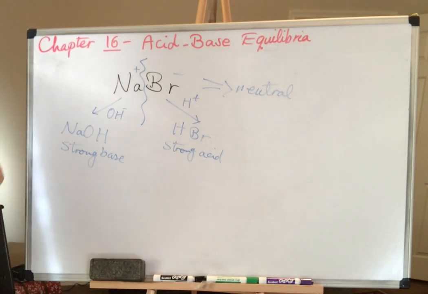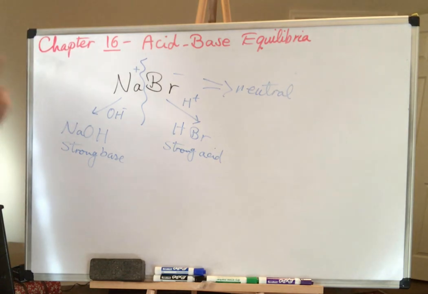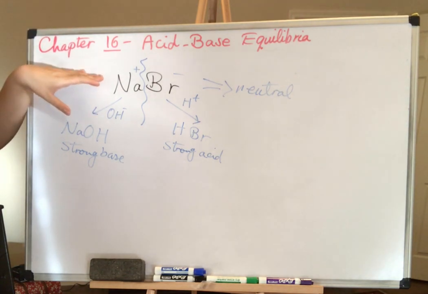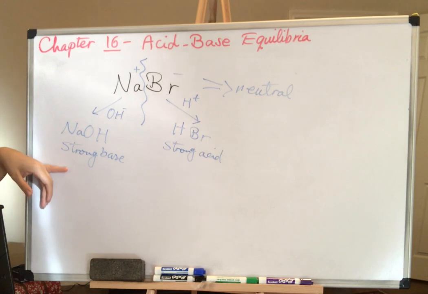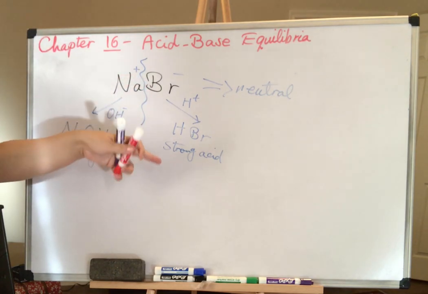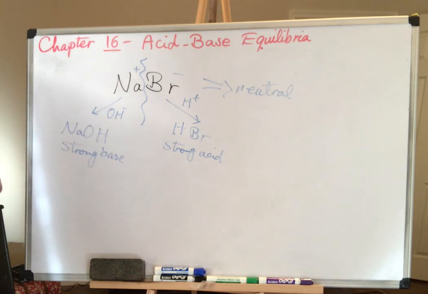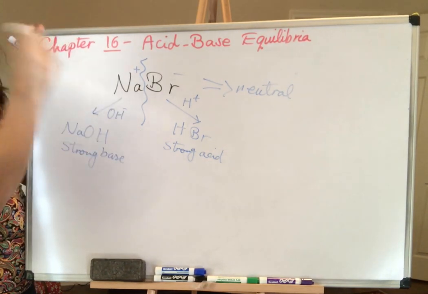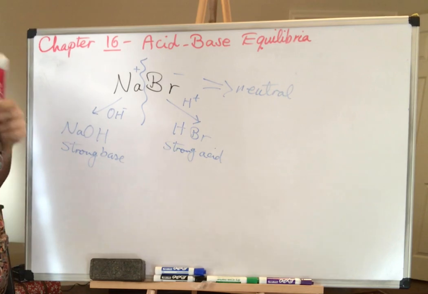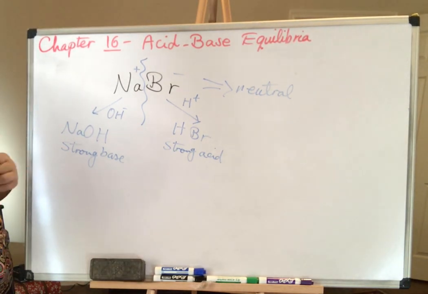Or the way that your PowerPoint slide is explaining is that Na is the cation of a strong base, so it does not react with water, the same thing that I told you. And bromide is the conjugate base of a strong acid, so again it does not react. Or you can go with my way. Any of them will go to the same results.